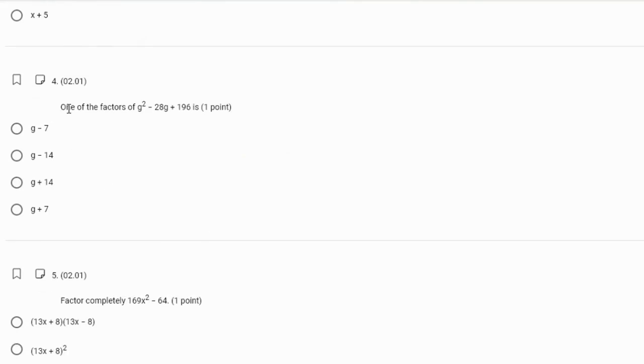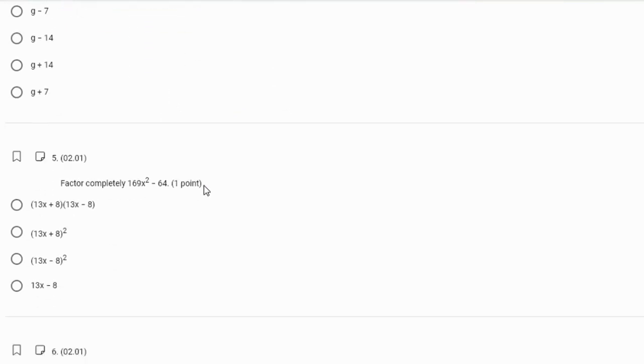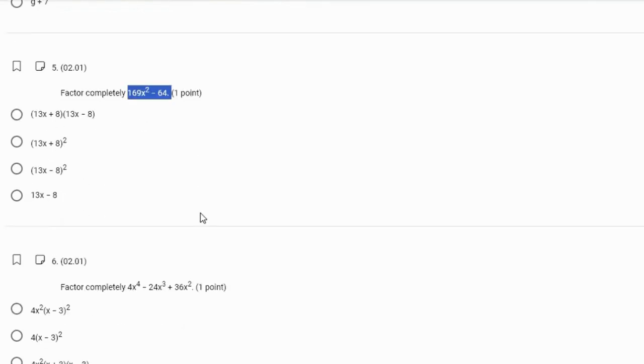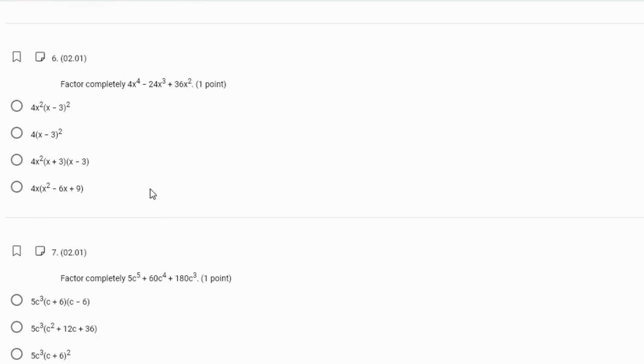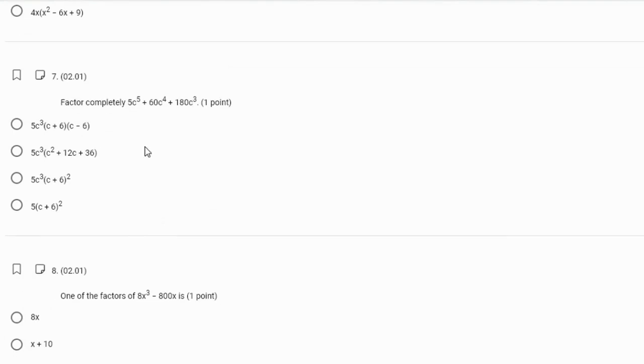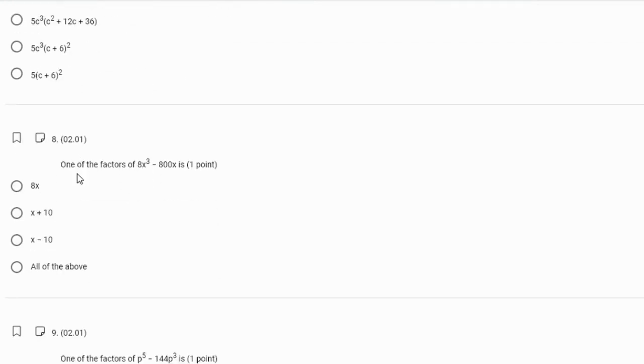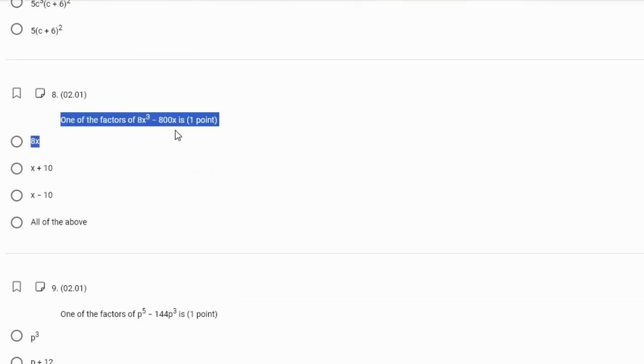One of the factors of this one would be one of those. So factor that. Factor this one completely. Oh, we got 10 problems. So these you got to factor and then choose which is the correct set of factors. Factor completely. Oh, this is great. One of the factors of this one is it 8x, x plus 10, x minus 10, or all of the above? That might be all the factors.